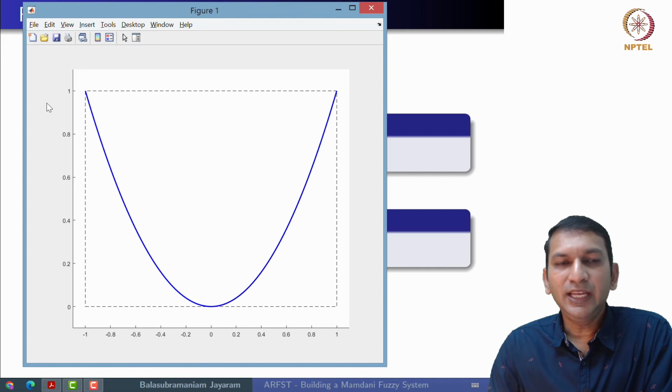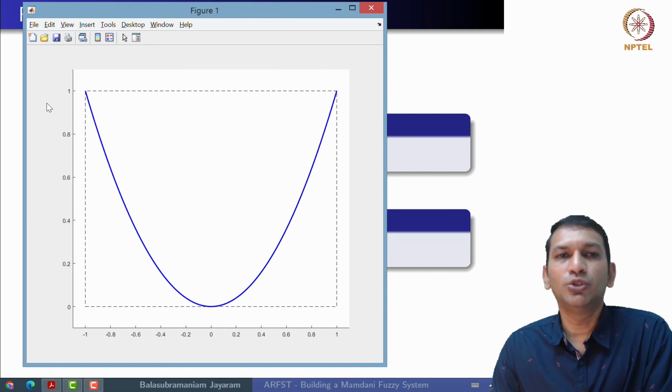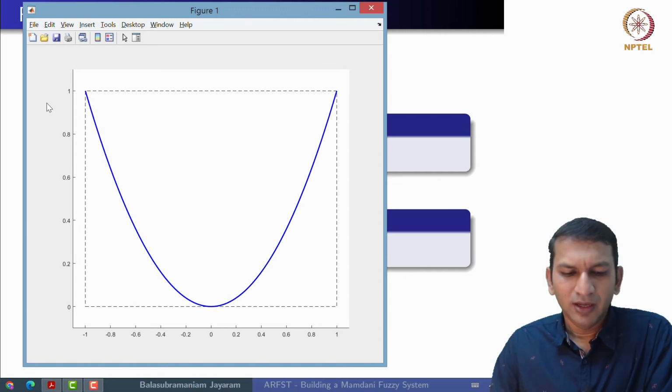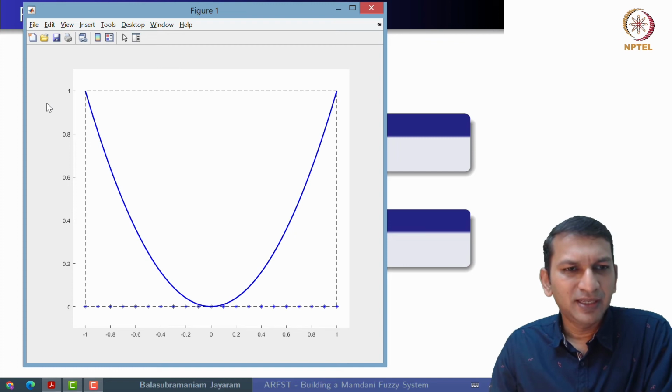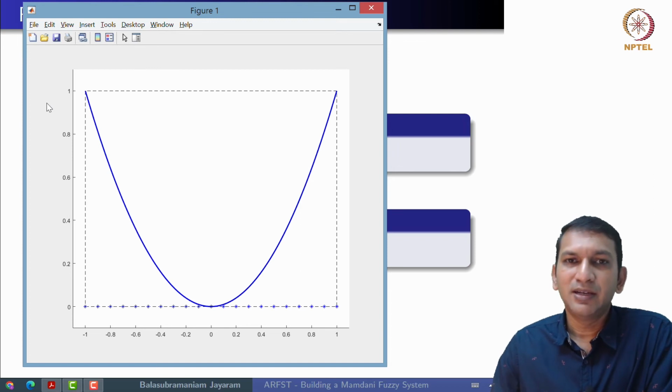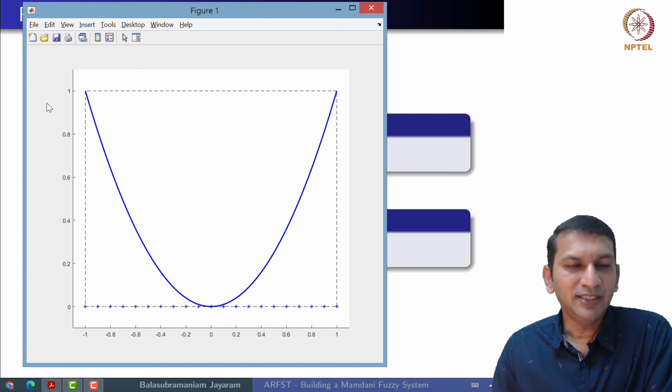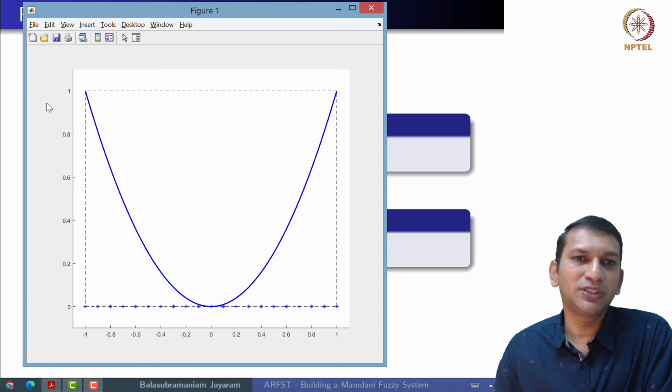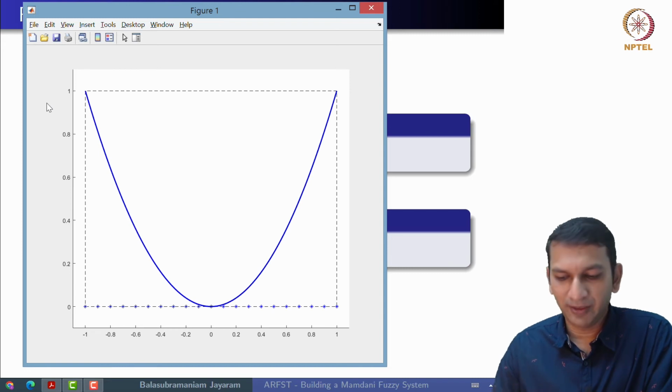Once again, we need to pick points on x and y so that we can build a fuzzy covering around those points. Once again, let's pick equi-spaced points between -1 and 1. So there will be 21 of them. And as we did earlier, let's find the corresponding f of xi's to find where to position the fuzzy sets so that we can come up with a fuzzy covering on y.